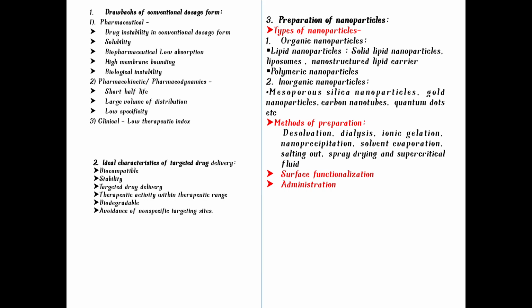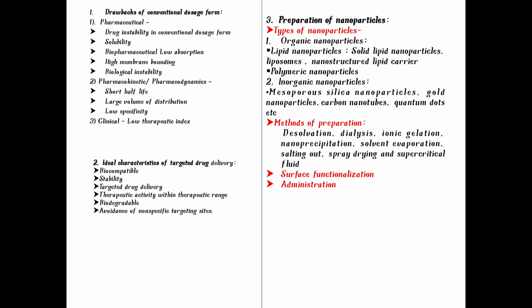When nanoparticles are administered to the body and go into the blood, in our bloodstream there are reticuloendothelial cells that eat them up; phagocytosis takes place. Ultimately, when they are eaten up by the macrophages present in our bloodstream, a lesser quantity of nanoparticles will reach the targeted site, resulting in lesser therapeutic efficacy. That is why surface functionalization is done.